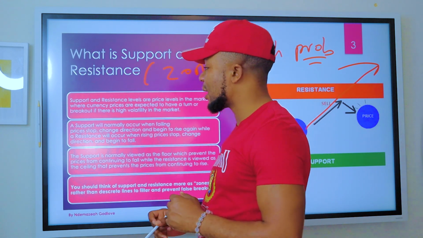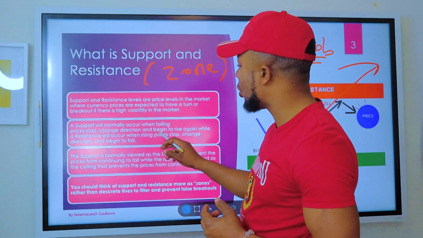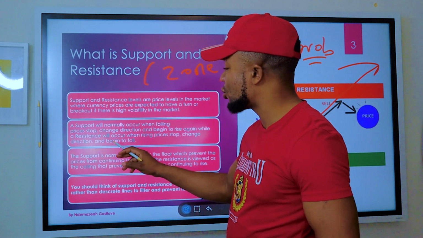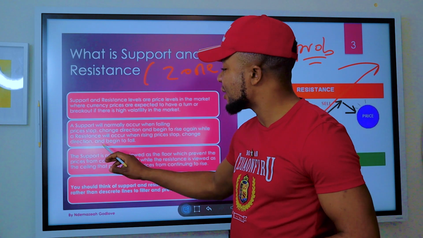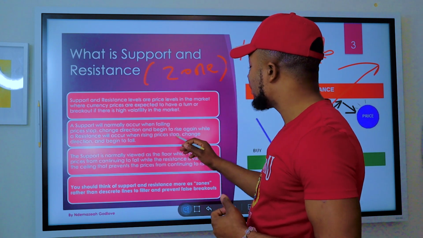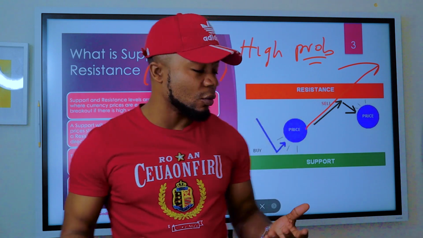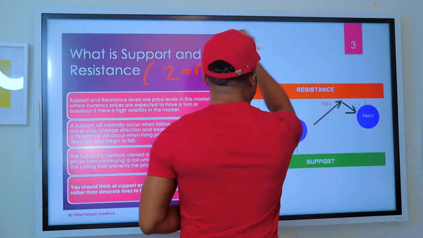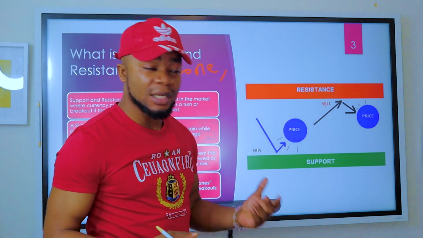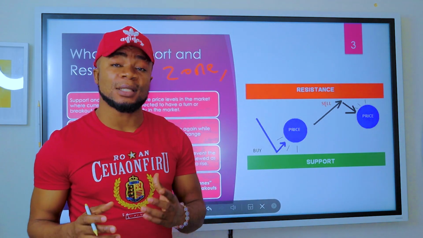Still on support and resistance, they say a support will normally occur when falling prices stop, change direction and begin to rise again, while a resistance will occur when rising prices stop, change direction and begin to fall. How do you know a particular support level, and how do you know a particular resistance level?